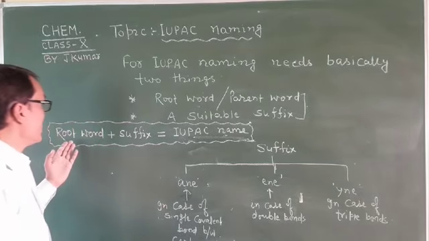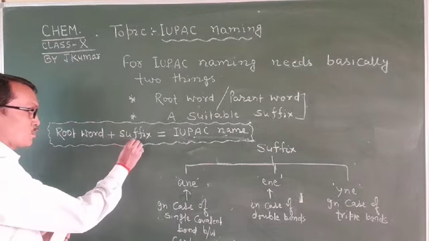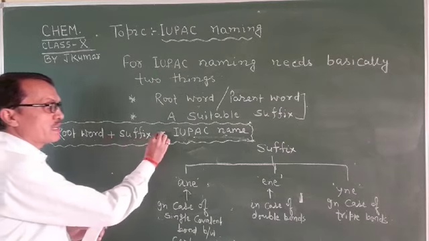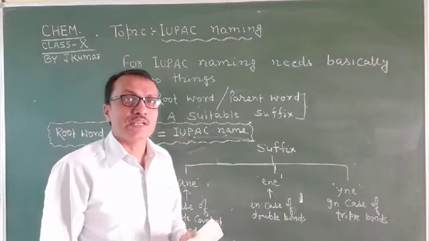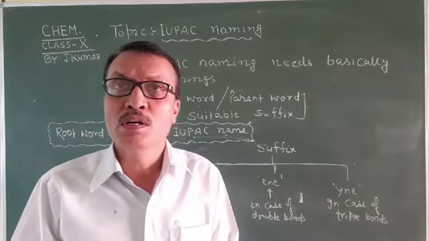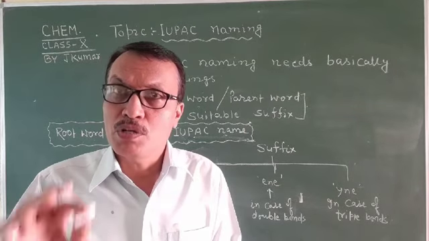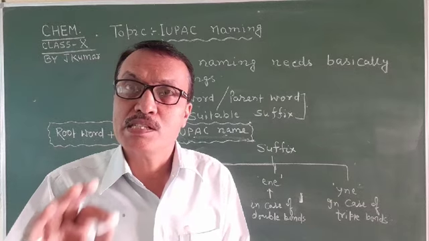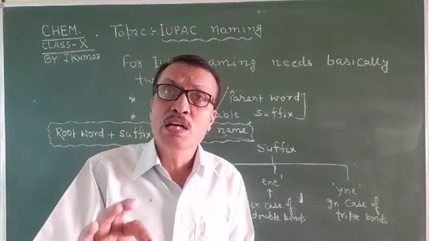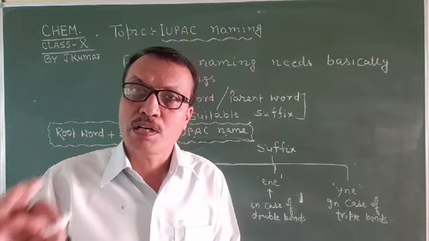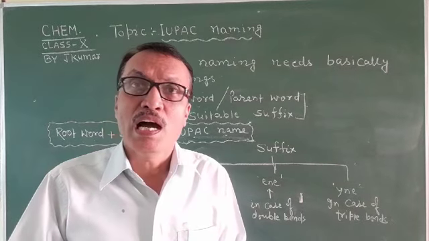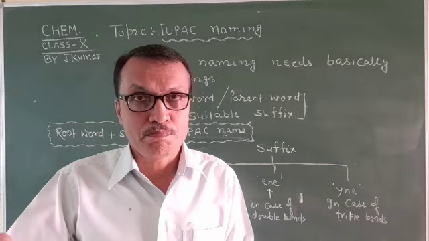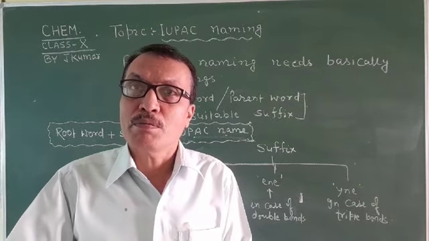For example, root word plus suffix equals IUPAC name, means you have to add a suitable suffix to the root word to get the IUPAC name. Root word we will get from the number of carbons in that compound, and suffix should be decided on the basis of bonds between carbon and carbon atoms.